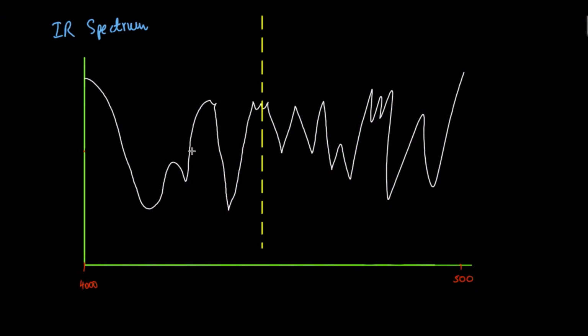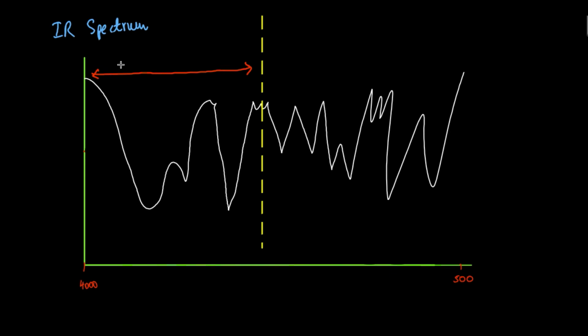Hello everyone. Today in this video we will be covering the topic of the IR spectrum, and we will be studying what the IR spectrum looks like. Now basically the IR spectrum is divided into two portions.